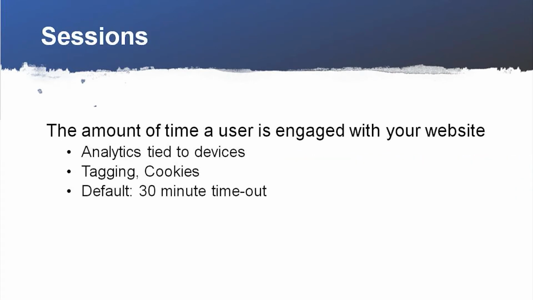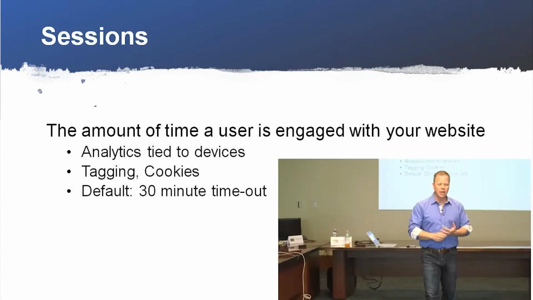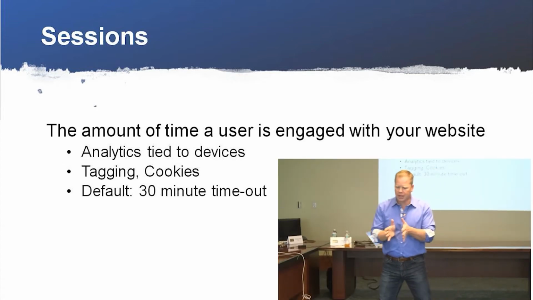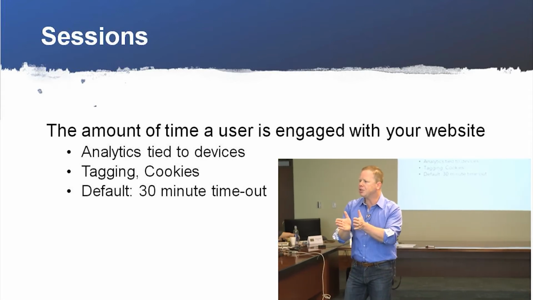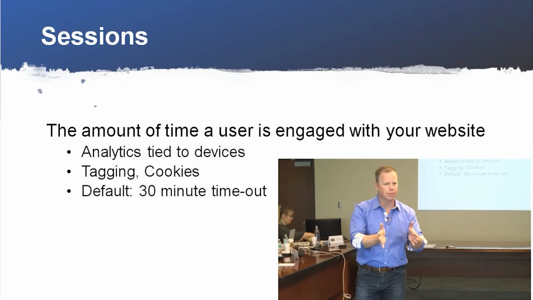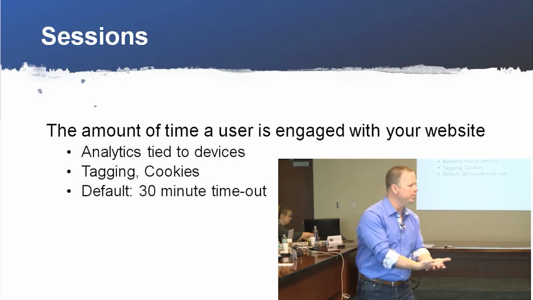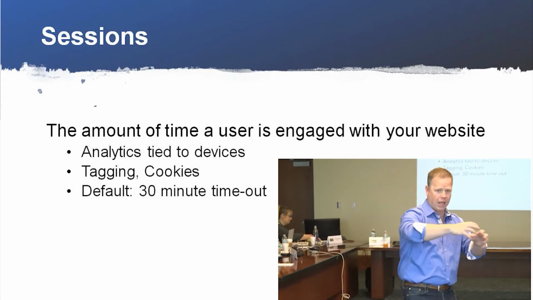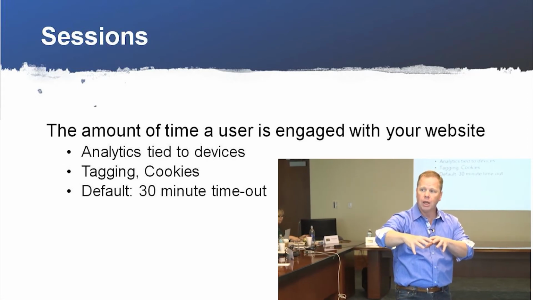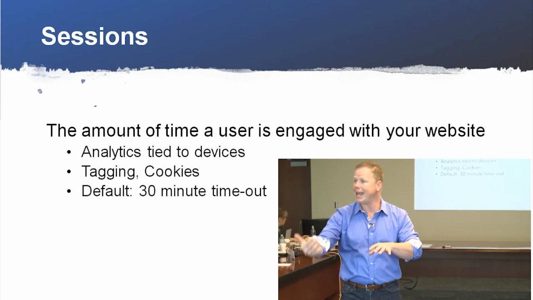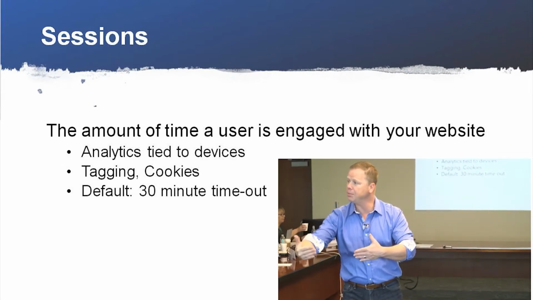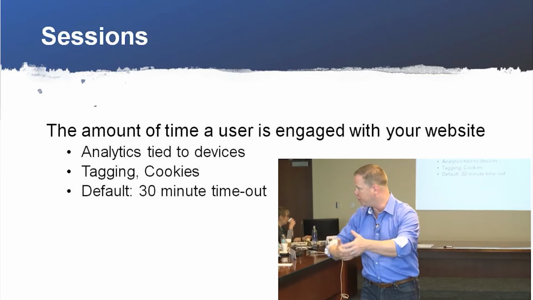A session is the amount of time that someone is on your website. In order to know the session, it's all based on how much you're clicking. And so if you go to a website, that little exchange takes place. When you click to go to another page on that website, it's time-stamped, and there's another exchange of information.